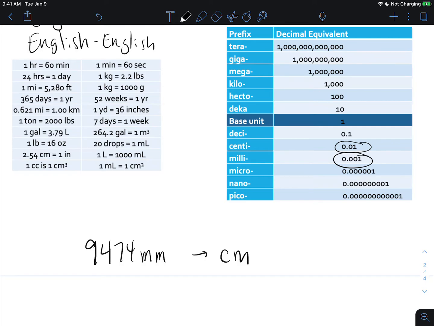generally, when we're doing metric, especially when you're starting out, you want to go back to your base unit. So there are 1,000 millimeters per 1 meter, or 0.001 meters per 1 millimeter, depending on how you look at this.